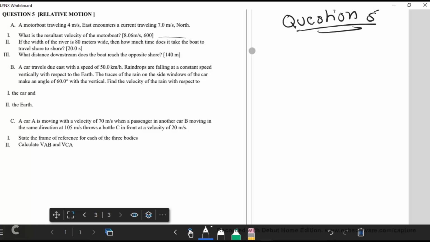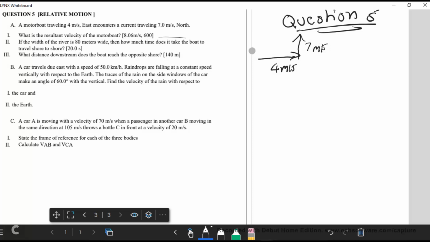So it was traveling 4 meters east, like that, that is 4 meters per second. Then it encounters a current traveling what? North. With what speed? That is meters per second, like that.